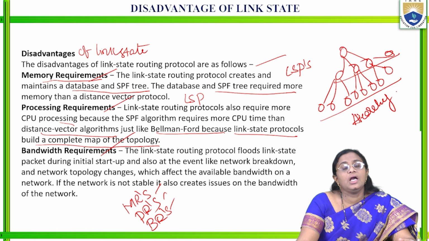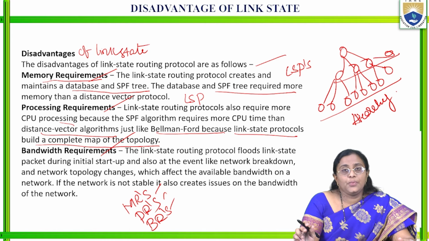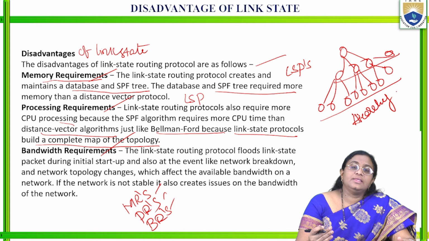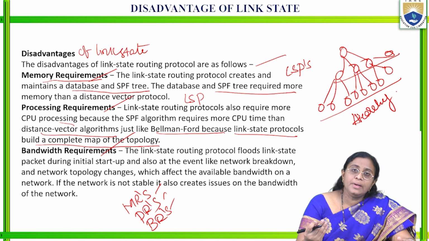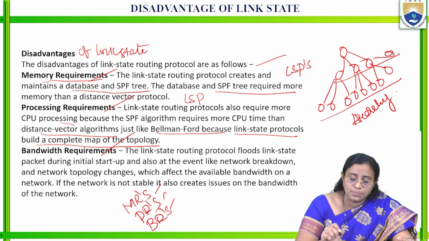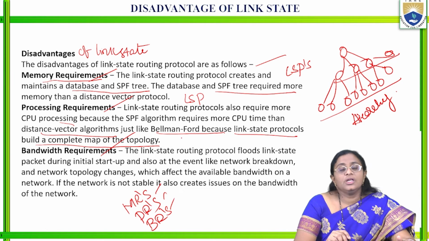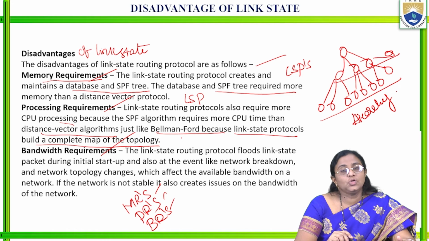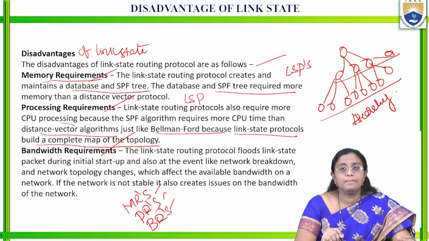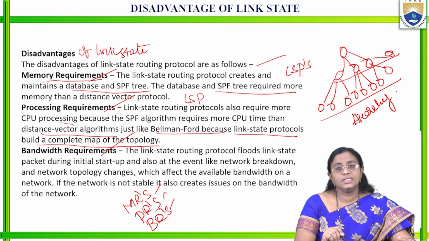The link state routing algorithm requires more processing time, while the memory requirement is less and the processing time is more. Hence, compared with the Bellman-Ford algorithm, the link state routing algorithm builds a complete map of the topology.